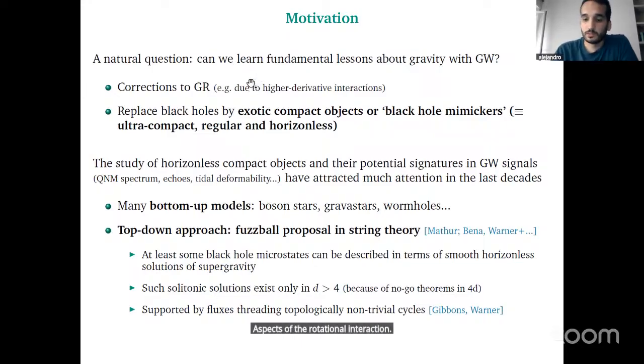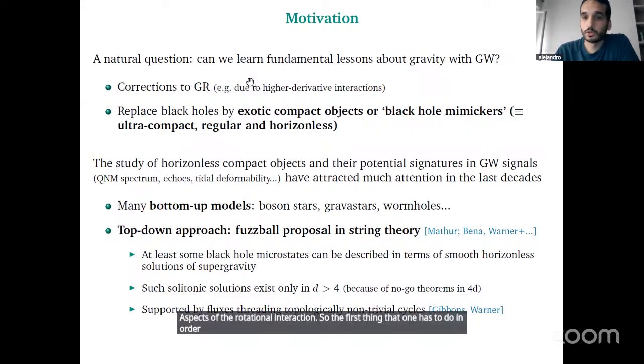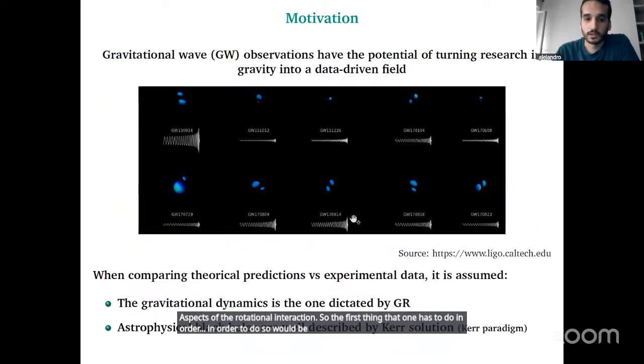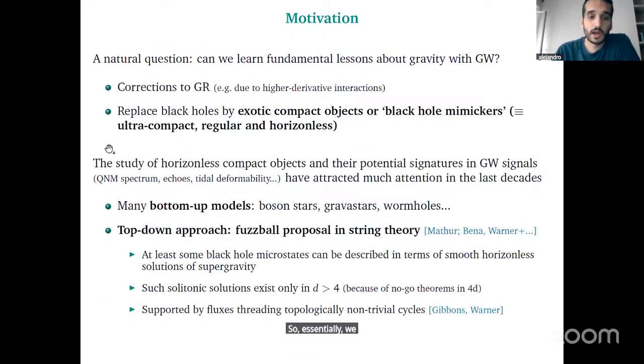So the first thing that one has to do in order to do so would be to understand what kind of theoretical prediction you get if you drop one of these two, or maybe both, assumptions. So essentially we have two avenues that may or may not intersect each other. The first would be to modify the dynamics of the gravitational field.